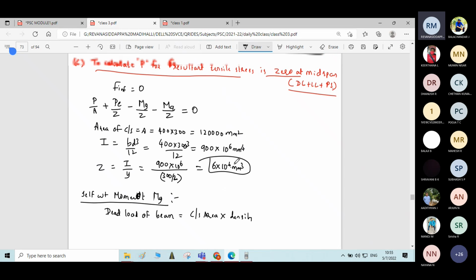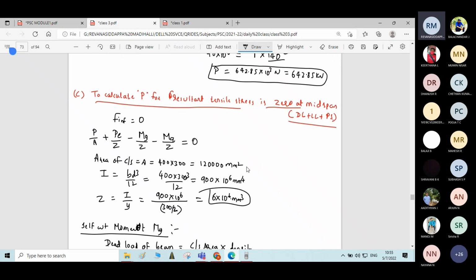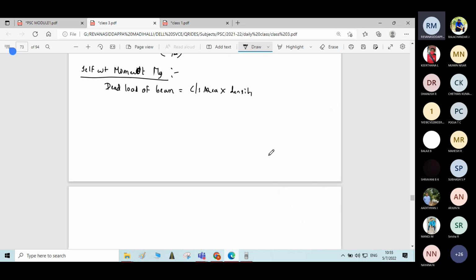Cross sectional area you need to substitute in terms of meter square: 120,000 into 10 power minus 6. Density of concrete is 24 kilonewton per meter cube. So you will get the dead load of the beam as 2.88 kilonewton per meter. Check the answer please.